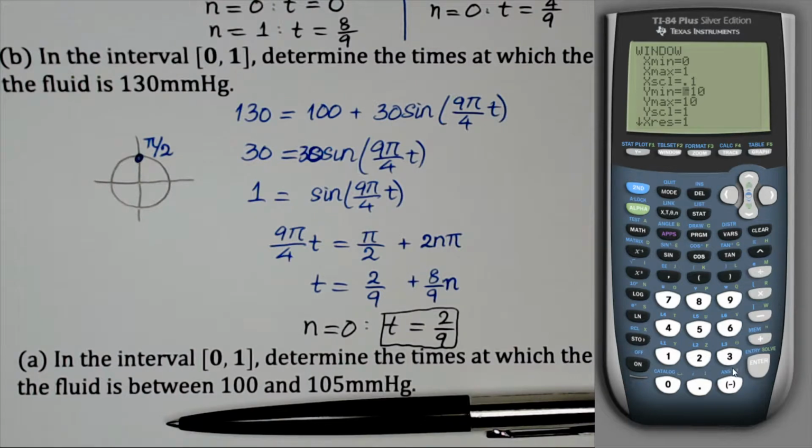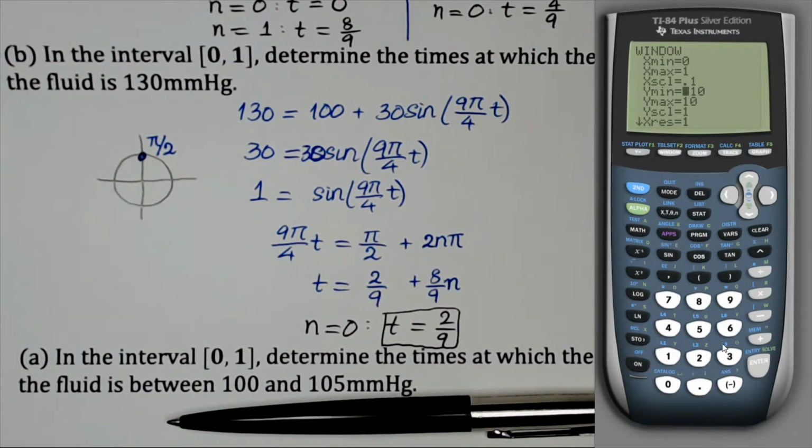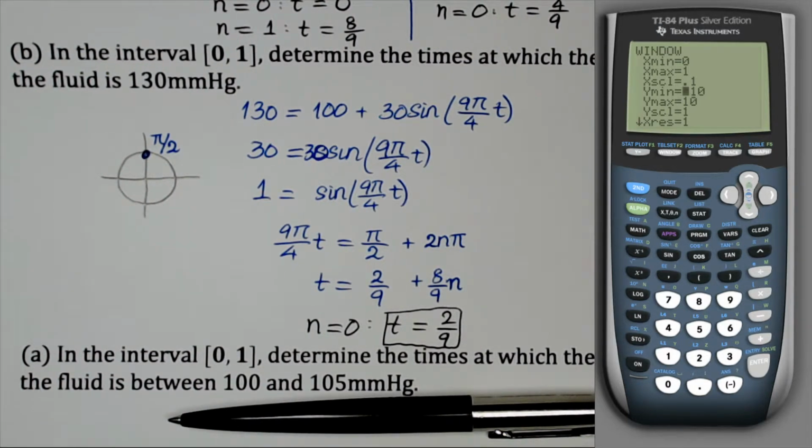The y values, the minimum is 100 minus 30, so we just say 65 would be good, going to 135, and let's say the scale of 10. When we hit graph, we should see it.